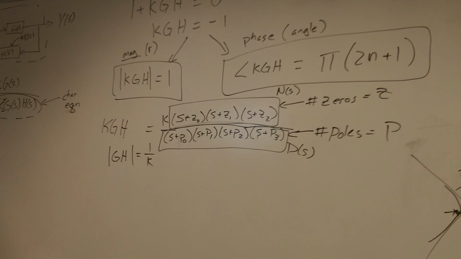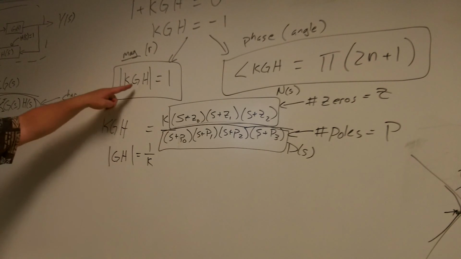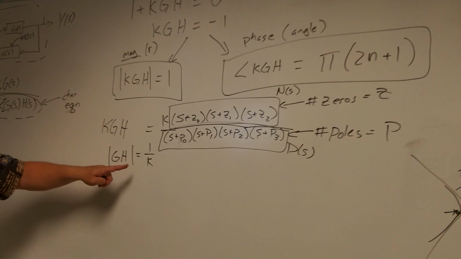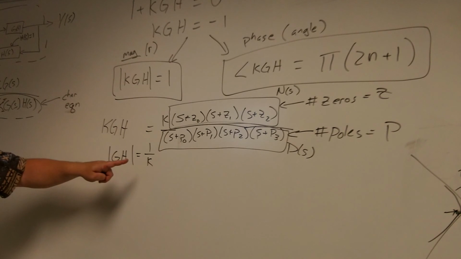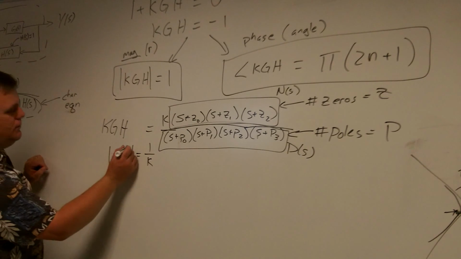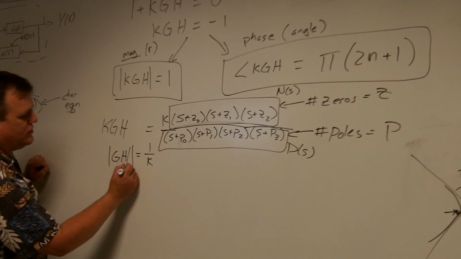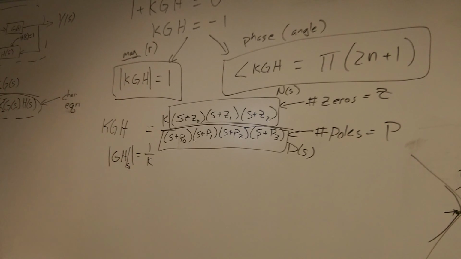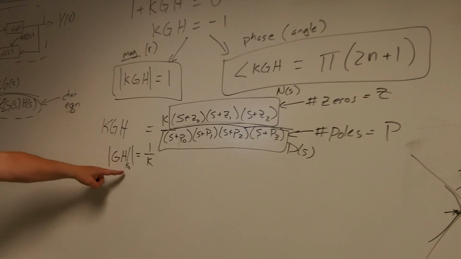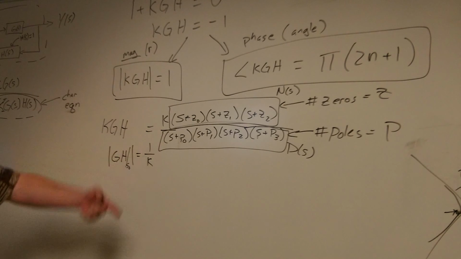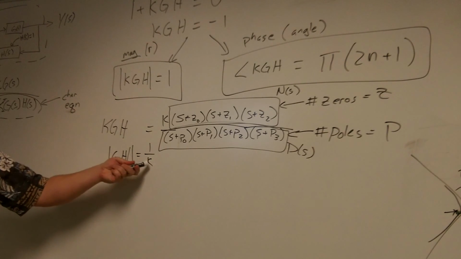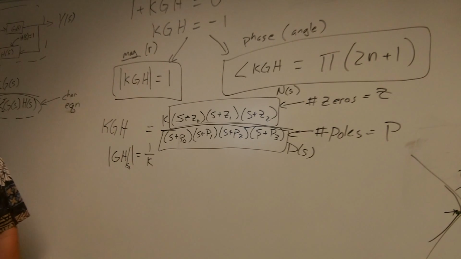And that's what we'll typically do, pick positive gains. So I've just rewritten this one slightly. But that means it has to work in particular for evaluating at s equals s0. Evaluate that at s0, take its magnitude, that is 1 over k. It's got to be. It's the only way it could be on there. But that means that is the value of k that will get you to that point.